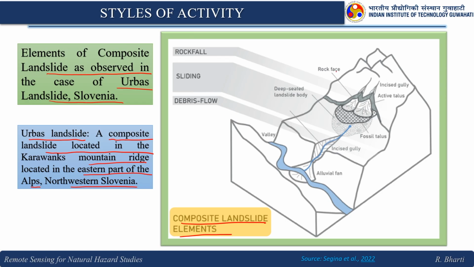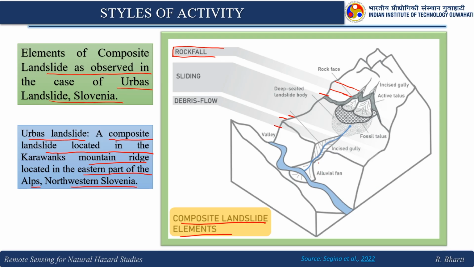So, here you can see this is the rock face, right, and the incised gully, active talus. So, here it is important to note that this particular shade you follow, this is the zone of rock fall, right, and here this is the zone of sliding, this is the zone of debris flow.